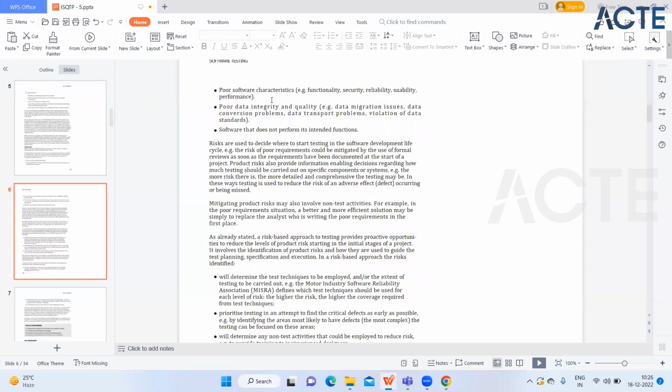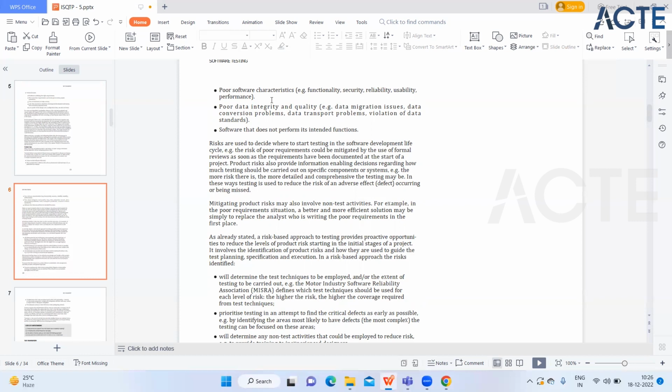The application maybe will not respond for 500 or 1000 users. You checked only for 100 people and it was working fine, but you have not checked for a large amount of data. When so many people use that application, it will not work properly. So they are saying this is a poor software characteristic.